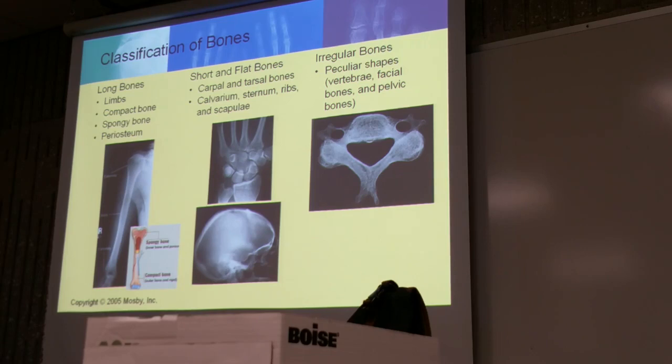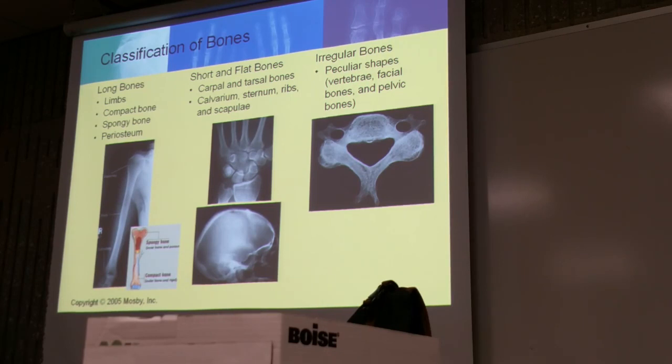Then we have your short and flat bones, including your carpal bones. What are your carpal bones? Hand bone. Okay, your wrist. Okay, that's your wrist. And the tarsal bones. Those are the bones of what? Your feet. Okay. Then we have the bony calvarium. Calvarium and skull, often those terms get mixed, but calvarium is talking about your skull cap.